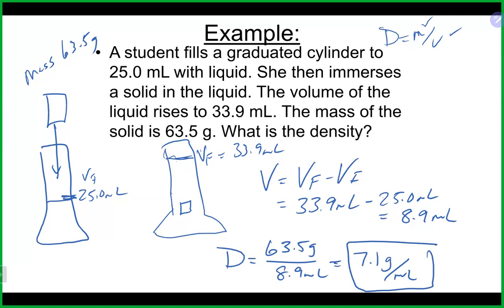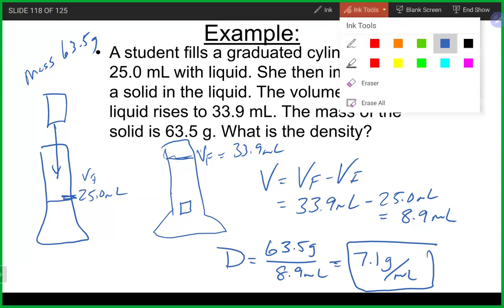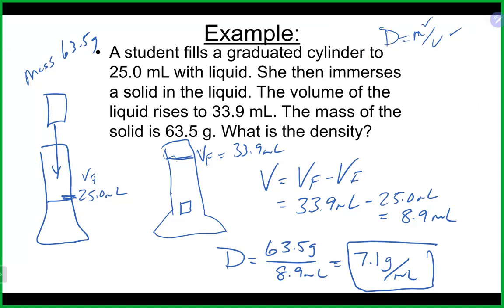Any questions on the calculation? I ended with two significant figures because of why? It really does go back to this, right? We are subtracting, which means we actually should be looking at decimal places. That's 1 decimal place, 1 decimal place, which means our answer should go to 1 decimal place.